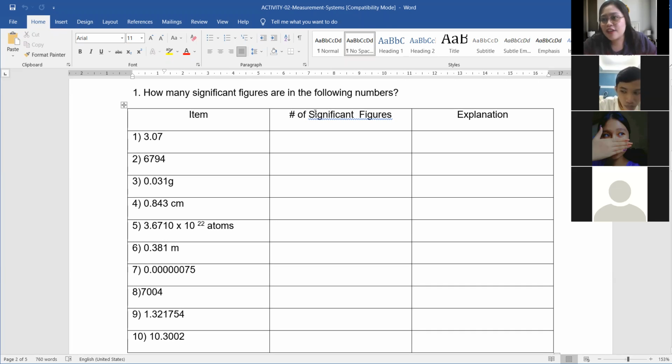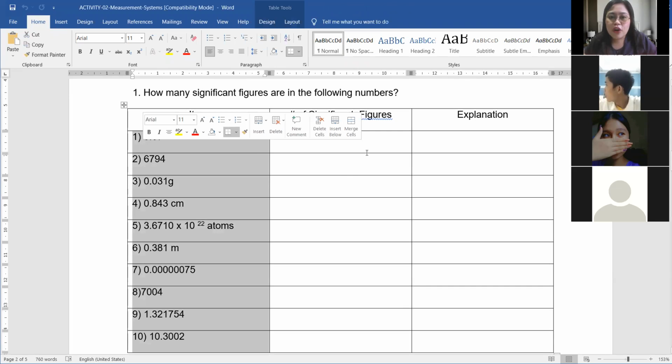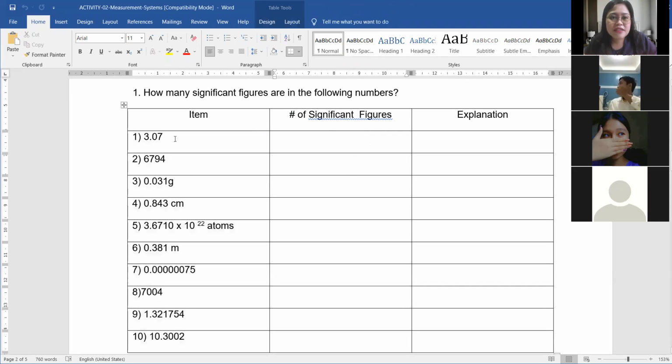So as I said, the first task that you are going to do before answering the activity is to research the rules for the significant figures. Naay mga numbers nga 10 ka buok, you identify kung pila ka significant figures ang naa sa number 1 hangtod sa number 10. And for the explanation, you just write here the rules.